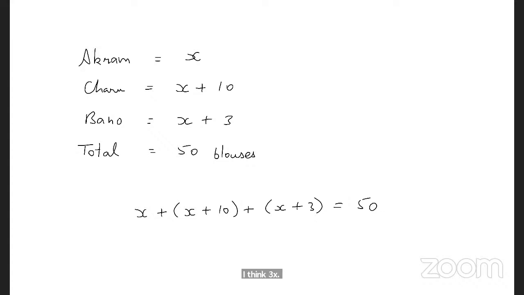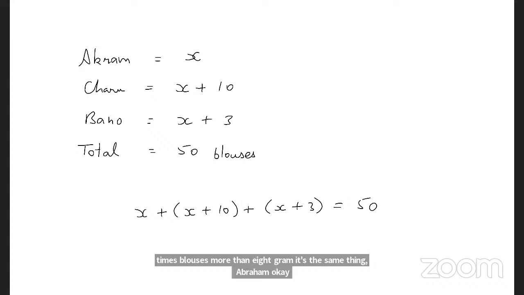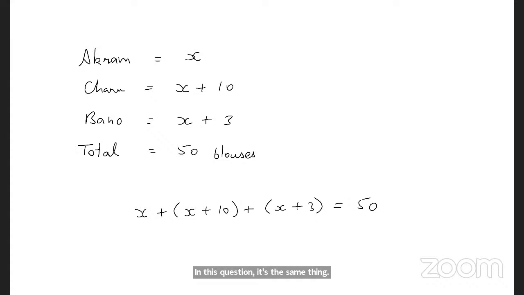I think it's written 3 more than, or 10 more than. "3 times blouses more than Akram" is the same thing, Abraham. In this question, it's the same thing, as 3 blouses more than Akram. Same thing, X plus 3. So this is the equation that you had to form in this question.